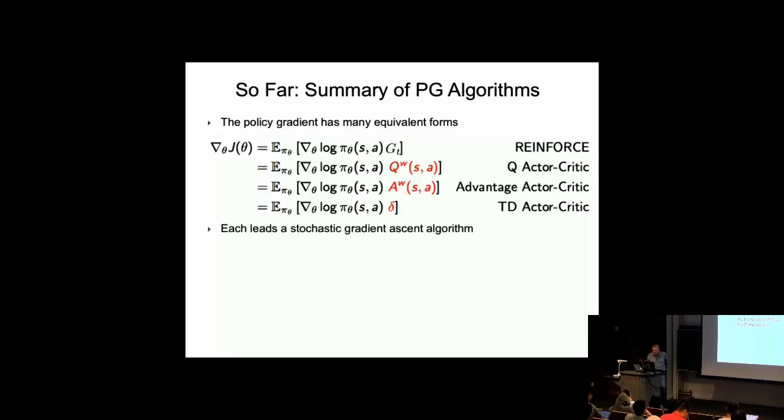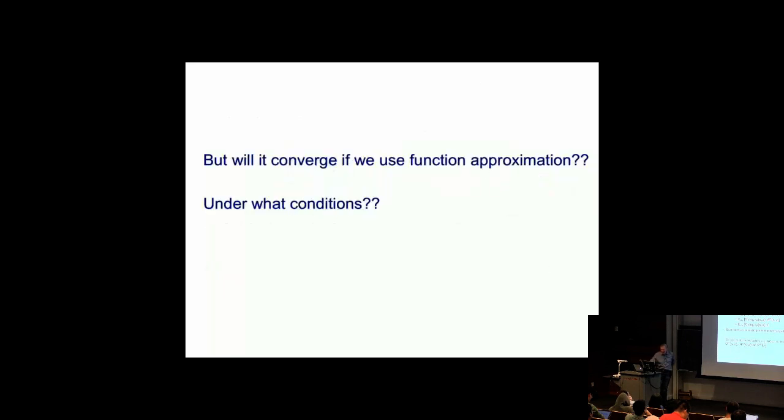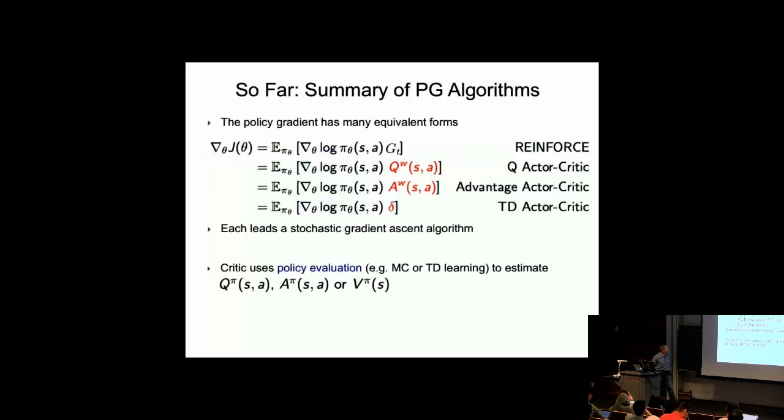Okay, so to summarize, we've seen that we can write that policy gradient. In the REINFORCE algorithm, we just sampled the total discounted future reward until we got to the end of the episode, called that G_t.